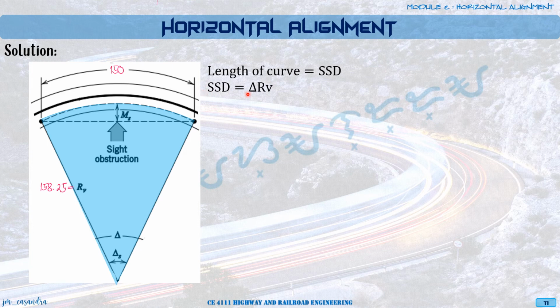So given SSD, given RV, we can solve now for our delta or central angle. And that is equal now to 54.31 degrees. So take note, you have to convert it to degrees. Kasi pag unitless yan, it means that the angle you have solved is in radians.